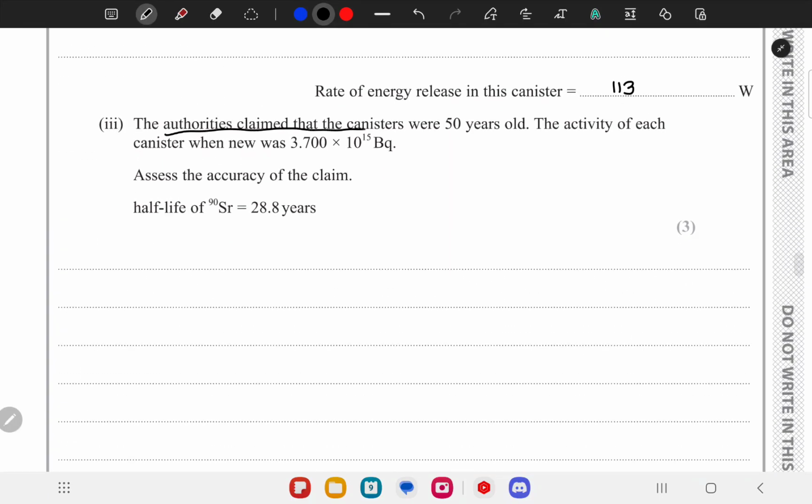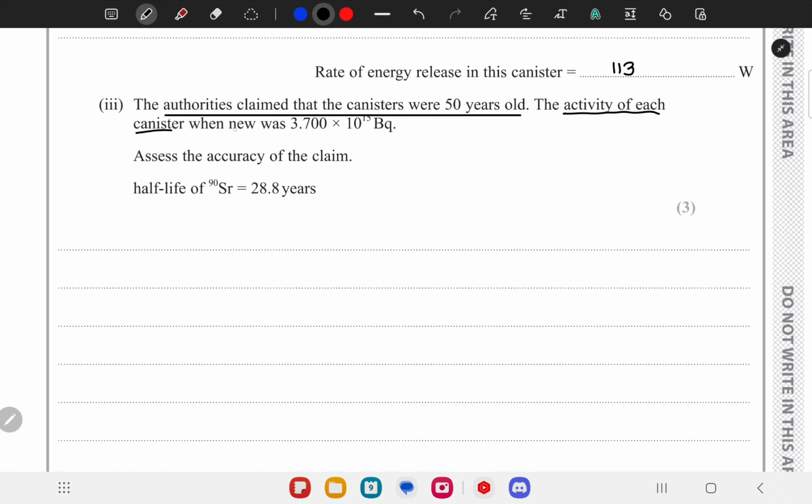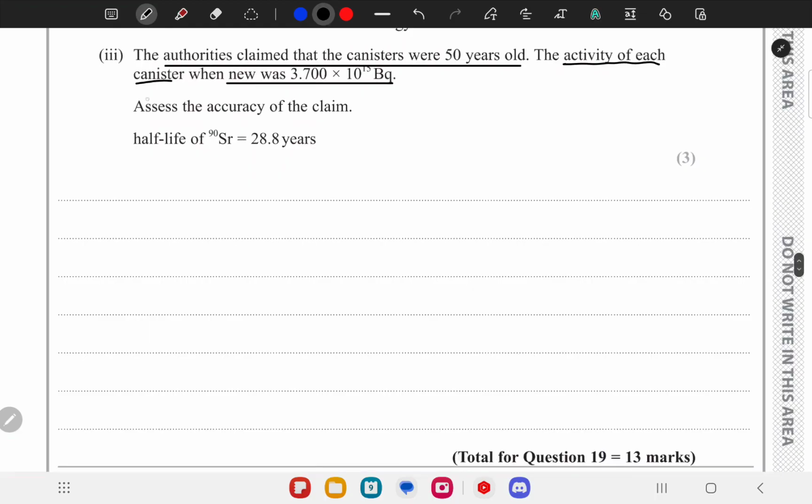Now the authorities claimed that the canisters were 50 years old and that the activity of each canister when it was new was 3.7 × 10^15 becquerel. We have to assess the accuracy of the claim given that the half-life is 28.8 years. Now we know that the activity is the initial activity times e to the power minus the decay constant multiplied by the time.